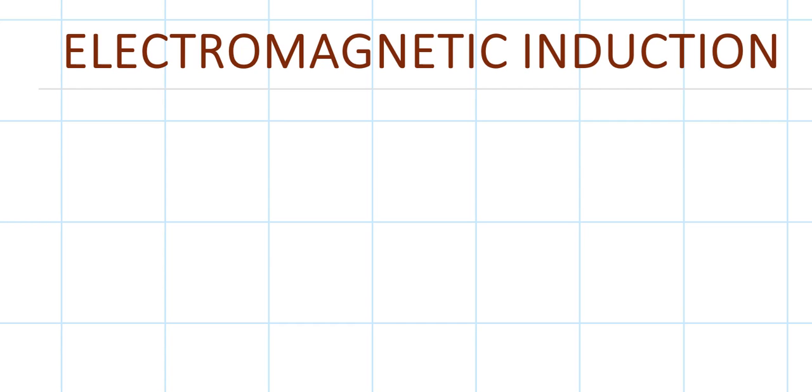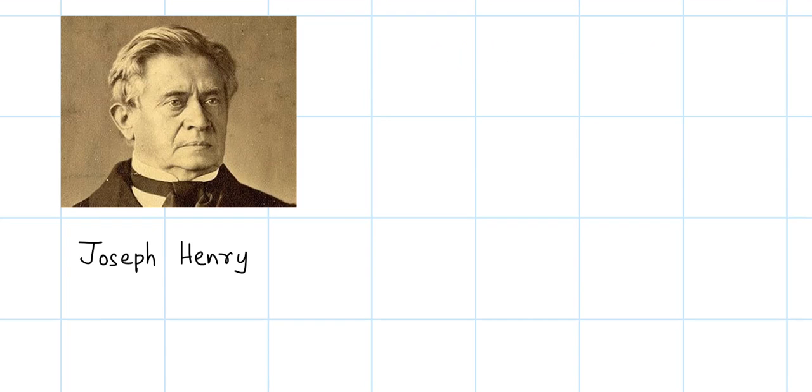So, the concept of electromagnetic induction is not a new one. It dates back to the 18th and 19th century. The two pioneers who worked on the idea of electromagnetic induction were Joseph Henry and Michael Faraday.